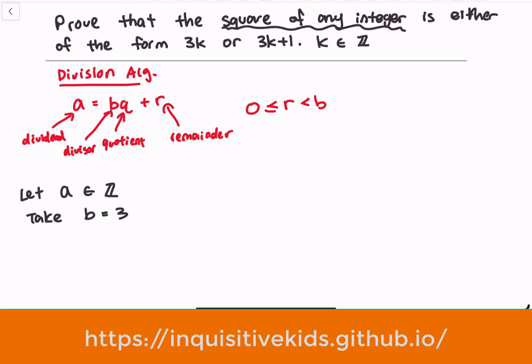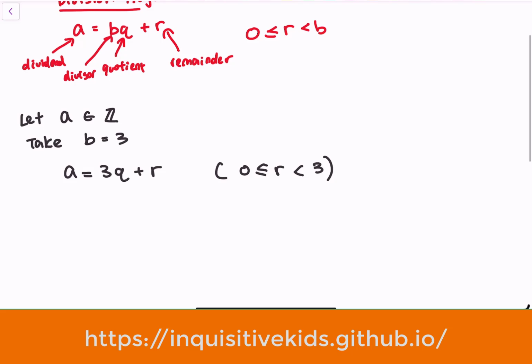We're going to take any integer and divide it by 3. Using the division algorithm, we can rewrite this as a is equal to 3 times something plus a remainder. And because the remainder has to be less than b, the remainder is less than 3. So now there are only very few cases we have to think about.